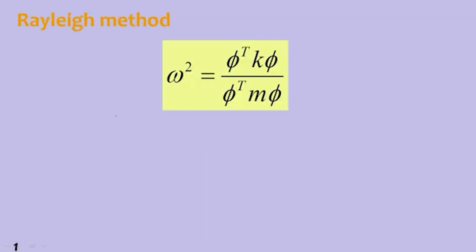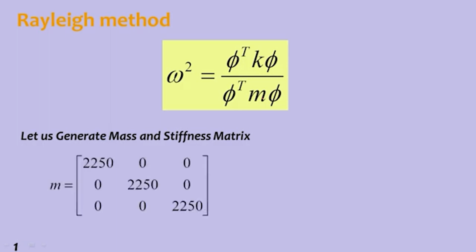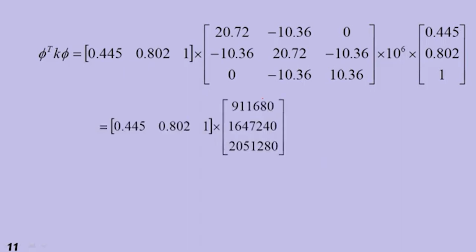Now, in Rayleigh's method, we know Rayleigh's coefficient, that is omega square, is equal to phi transpose K phi by phi transpose M phi. Upon substituting the mass matrix and stiffness matrix values, we need to work out phi transpose M phi. Phi transpose is a row vector, this is a column vector, and this is a 3 by 3 matrix. So, we got phi transpose K phi value as 3778064.08.